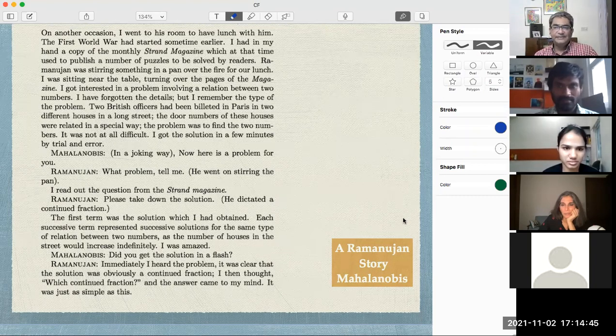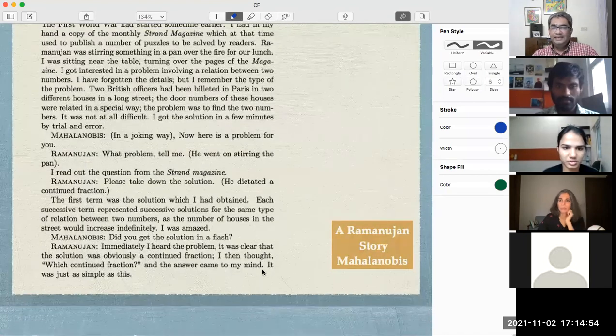It's a very famous story, and all he said was, so this is very interesting. In the end, he says, immediately I heard the problem, it was clear that the solution was obviously a continued fraction. And I then thought, which continued fraction? And the answer came to my mind. It was just as simple as this. This is one of the brilliant Ramanujan stories, one of my favorites.